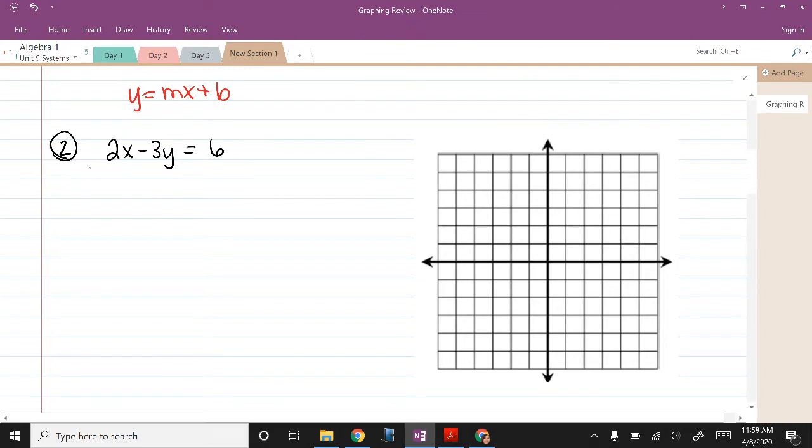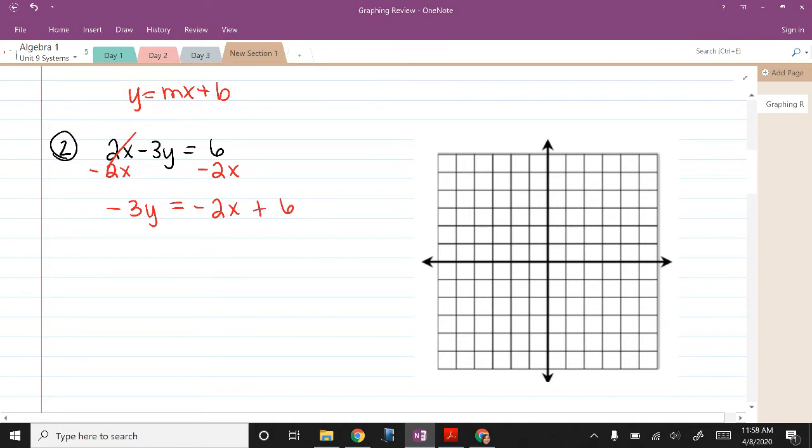So I'm going to subtract the 2x on both sides. So they're going to cancel out on the left-hand side. And on the left-hand side, I'm left with -3y. Copy your equal sign. Now, notice that 6 and -2x are not like terms. 6 is a constant, and -2 has a variable with it. So you're going to split it up, -2x, and since it's a positive 6, you're going to put plus 6.